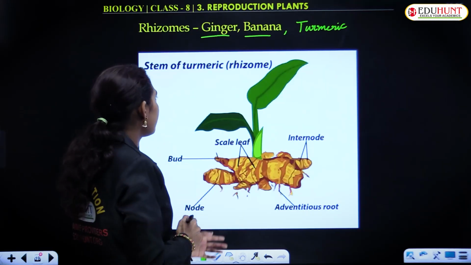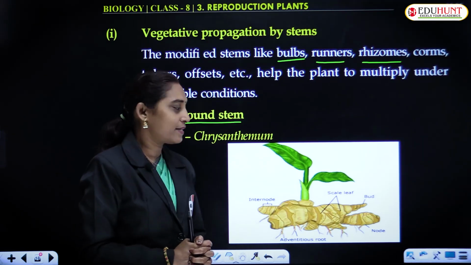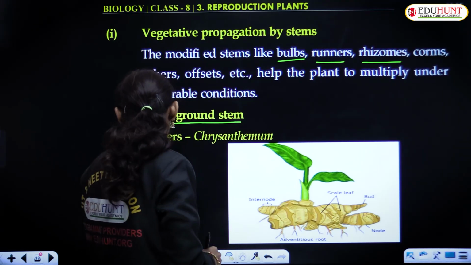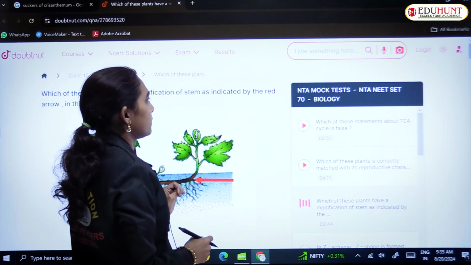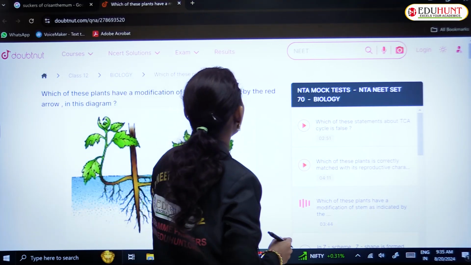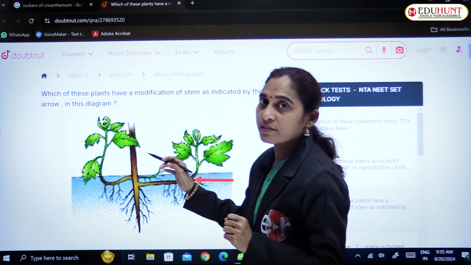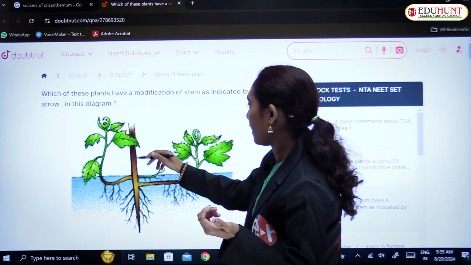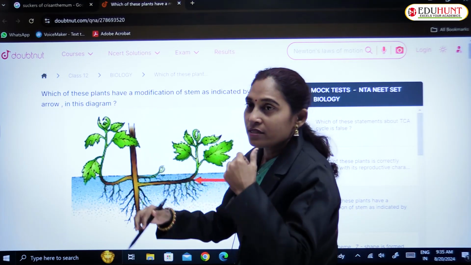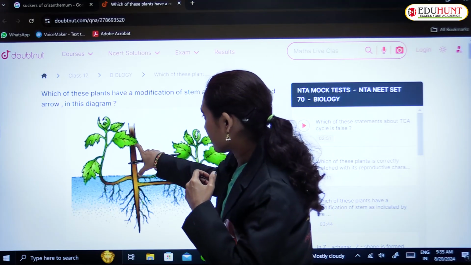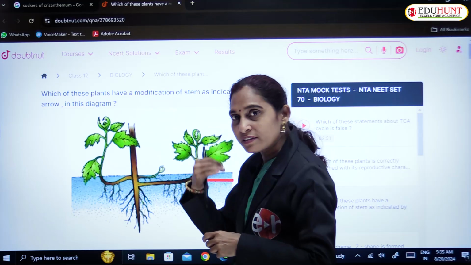And next is the suckers. Example, chrysanthemum. This is not the chrysanthemum plant actually. From Google I am taking this image. This is a chrysanthemum, that is chamanti plant. It is the main stem. Some part of the stem is hidden within the soil.